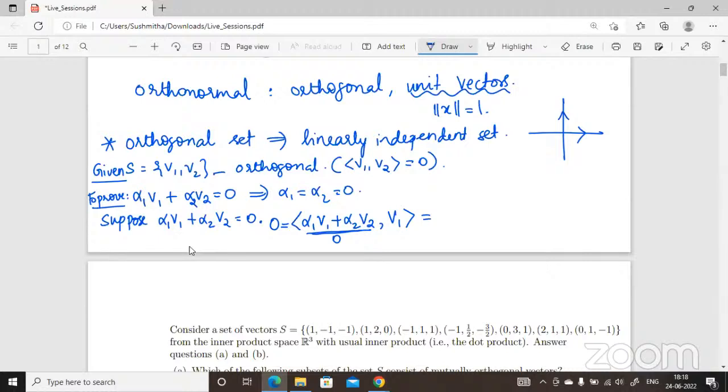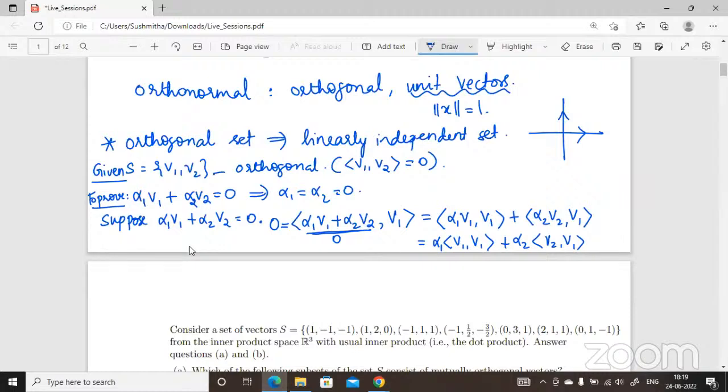Using linearity of the inner product, can I write this as alpha 1 v1 comma v1 plus alpha 2 v2 comma v1? Yes. And then I can take alpha 1 outside, so alpha 1 times v1 with v1 plus alpha 2 times v2 with v1, right?